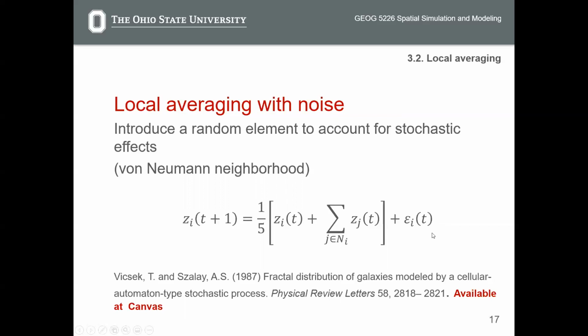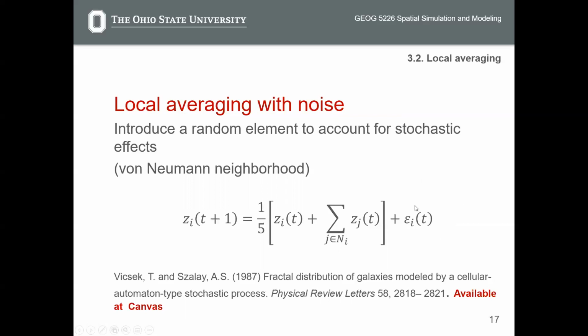And there is a next term here. That is the noise. Noise is something random. So this epsilon i at a specific time t could be anything, just random noise.